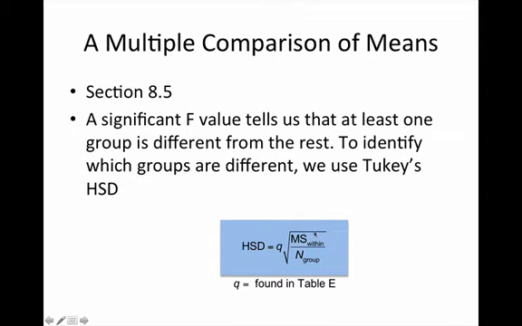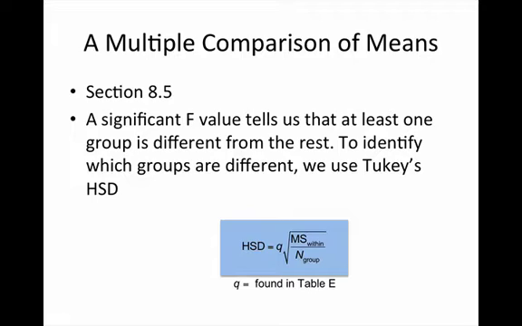And then I take the square root of that quantity and multiply it by the quantity of Q that I find in table E in the appendix. And so by this procedure, we're able to disentangle an omnibus test to identify which specific means are different.